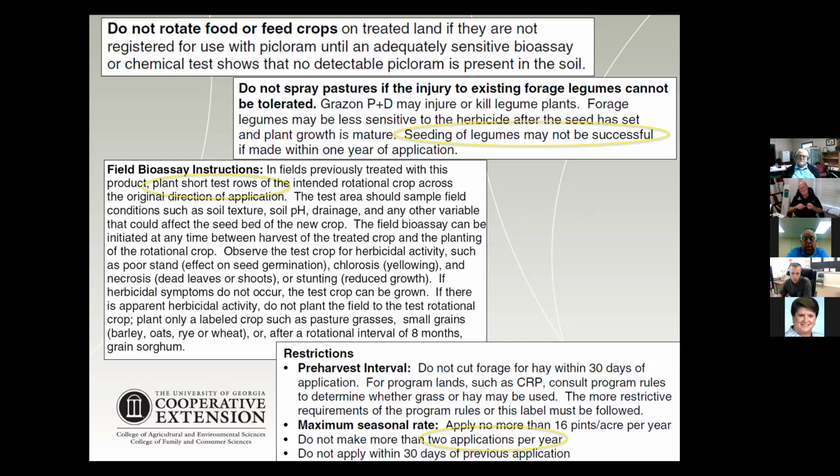Also realize too that there are restrictions on the number of applications. At the very bottom of the screen there, it says make no more than 2 applications per year with Grazon. So that's the maximum that you could apply. It also has a maximum rate of 16 pints per year. So even though you may be able to put out a couple of pints each time, you still should not do more than 2 applications per year.